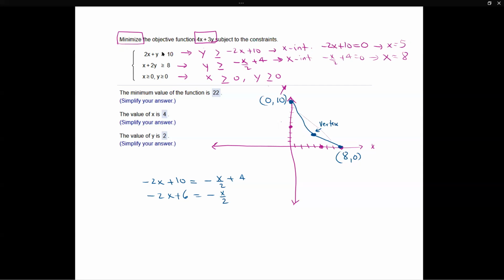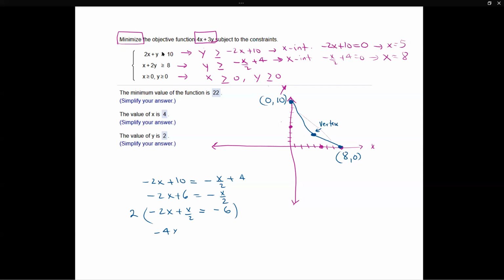And from here, you can do any way you like. Let's say if you don't want, you can add the x and bring the 6. You can do common denominators, or you can just multiply by 2 everything.